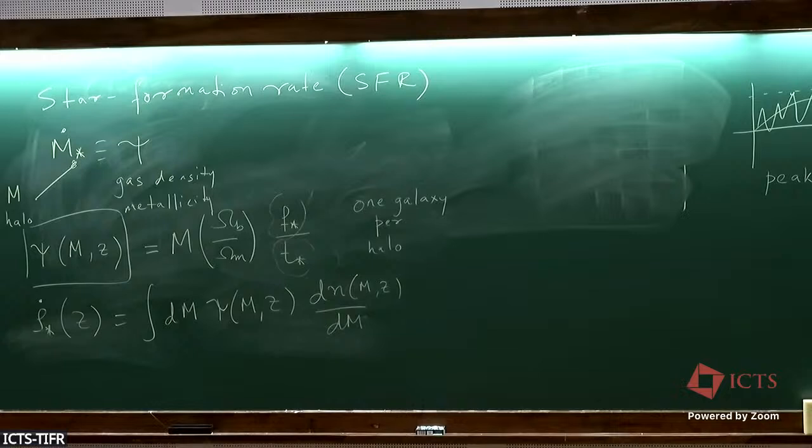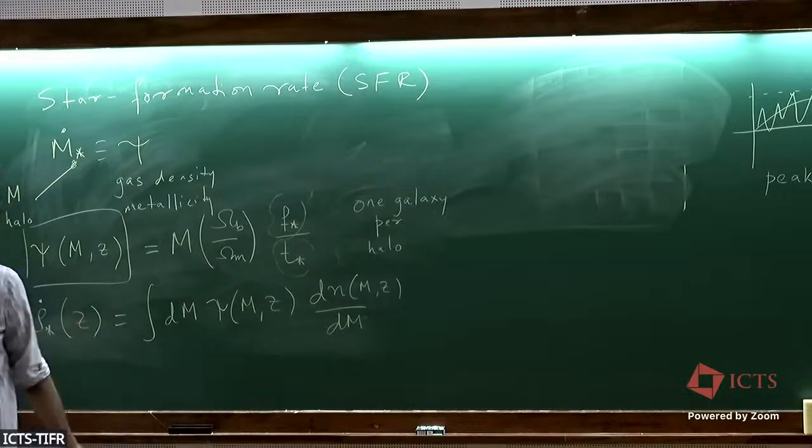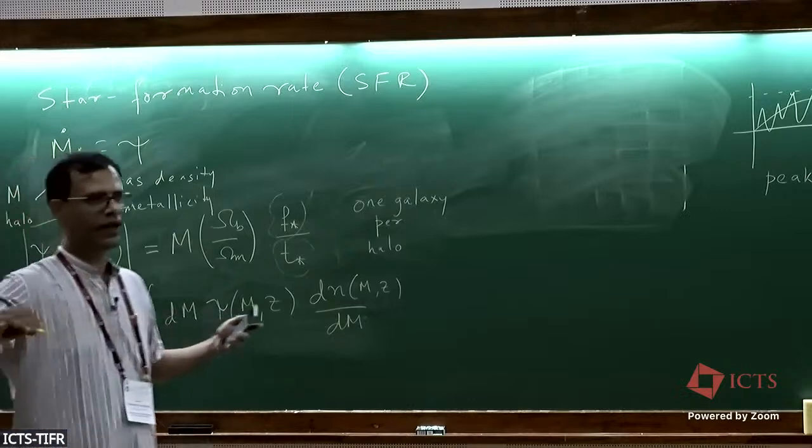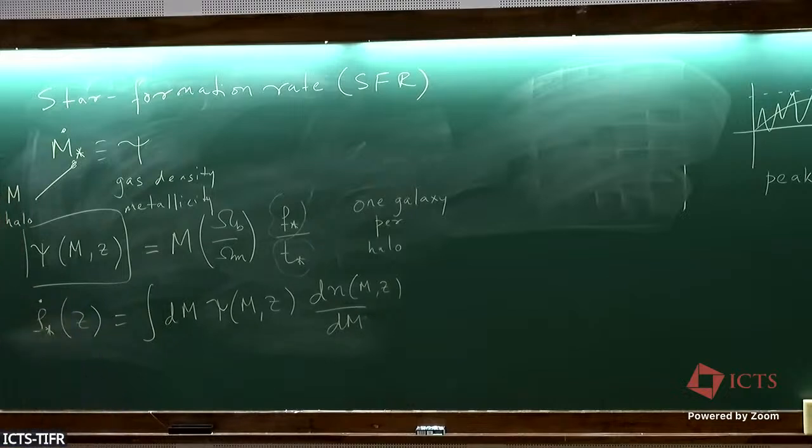And often in literature, this is something which is used. People would have taken a wide range of observations over a wide range of redshifts and tried to compute this, and there will be a plot given. A very popular plot is that given by Madau and Dickinson, which many people use.